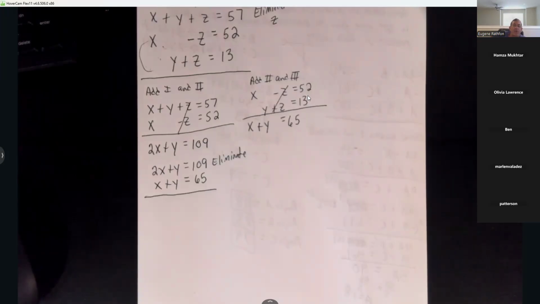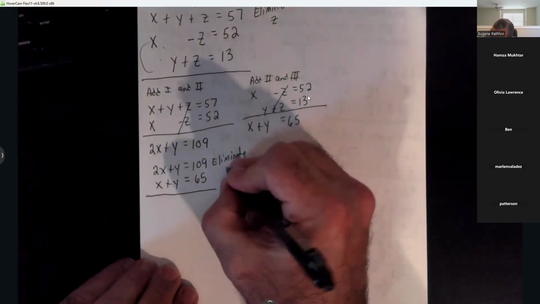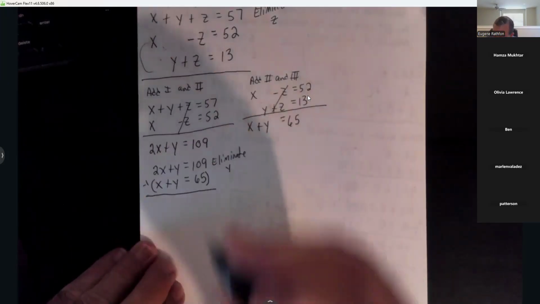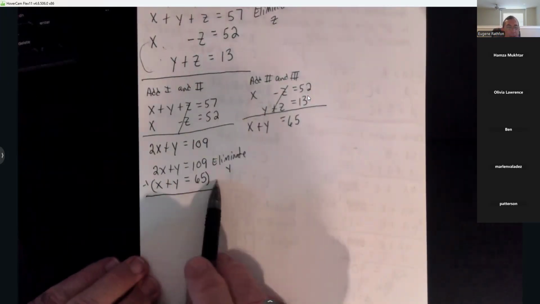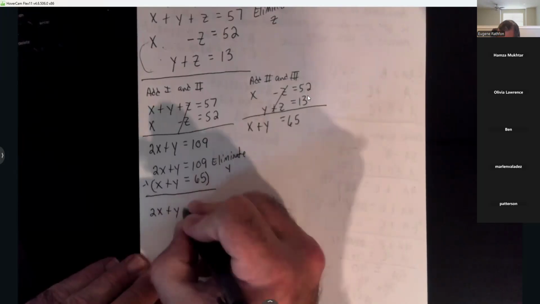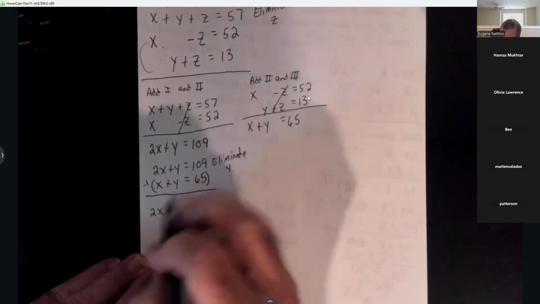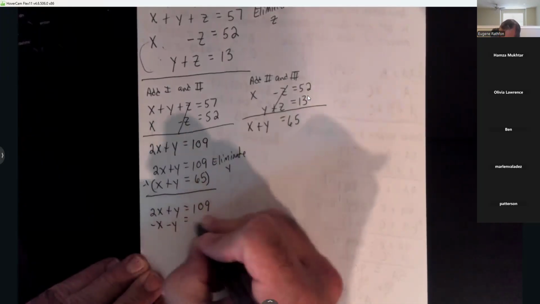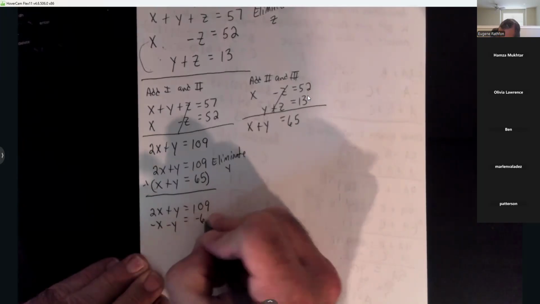So you got two variables. What do y'all want to eliminate this time? So we're going to eliminate the y this time. So that means I'm going to multiply this one. Ooh, y'all picked a good one. Watch what happens. We'll multiply this equation by -1, okay? So I got 2x plus y equals 109. This will give me a negative x, negative y equals a negative 65.